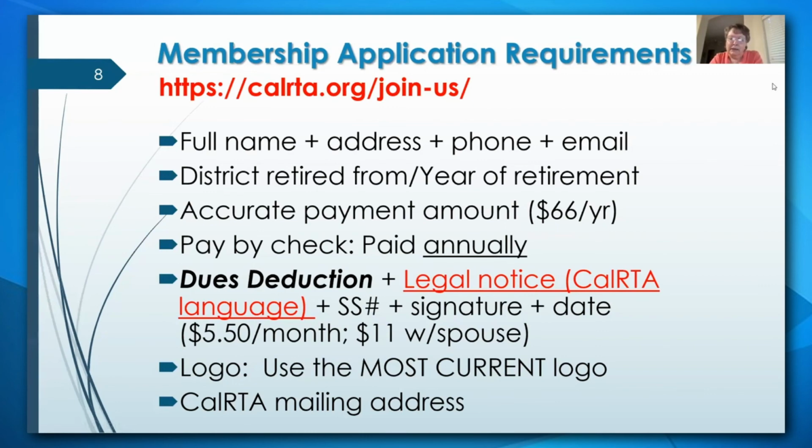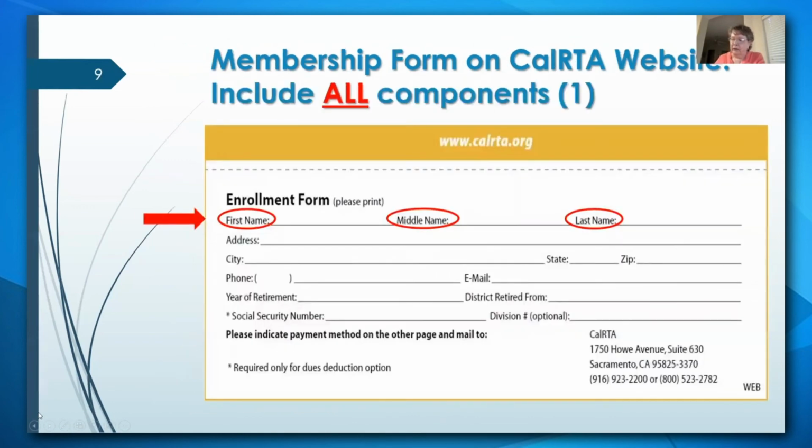Okay, and again, please make sure you're using the most current logo and the current CalRTA mailing address in Sacramento. Okay, this slide, if you go into calrta.org/join-us, and then you go into the apply by mail, this is the form that shows up on that web page, or actually on the PDF form if you download and print it.